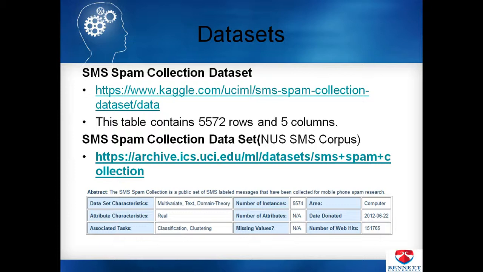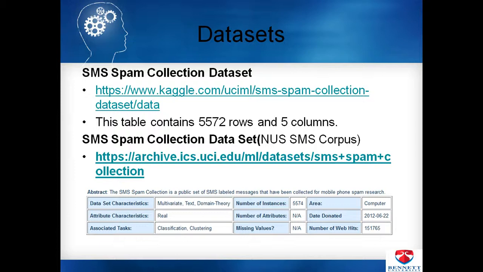The table contains this many rows and 5 columns. In the columns, the first is the label, spam or not spam, and the second is the text message. Columns 3 to 5 I think we remove later from the dataset, so the first 2 columns are important for us.